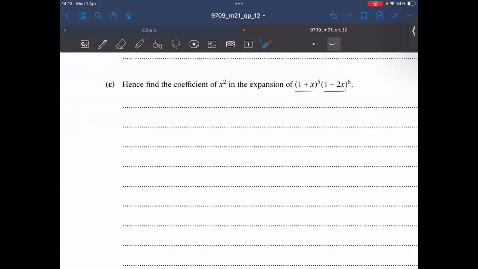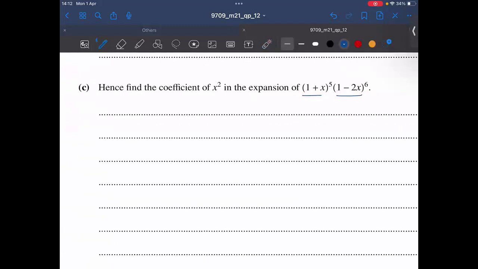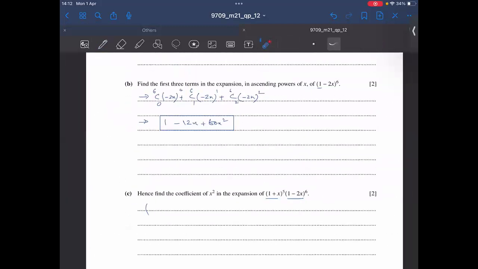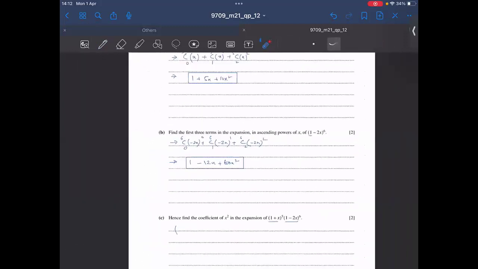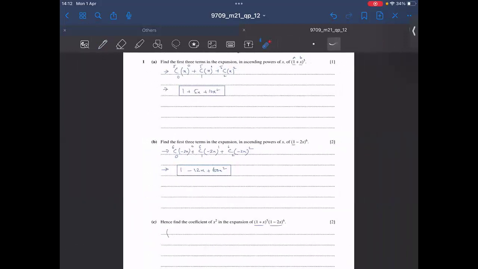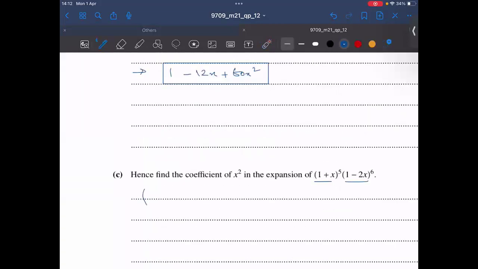We're not going to write down all the terms of each bracket. I'm just going to write down the terms which I evaluated in the above parts. Of this bracket, we found the first three terms, and I'm going to write them in place of this bracket.